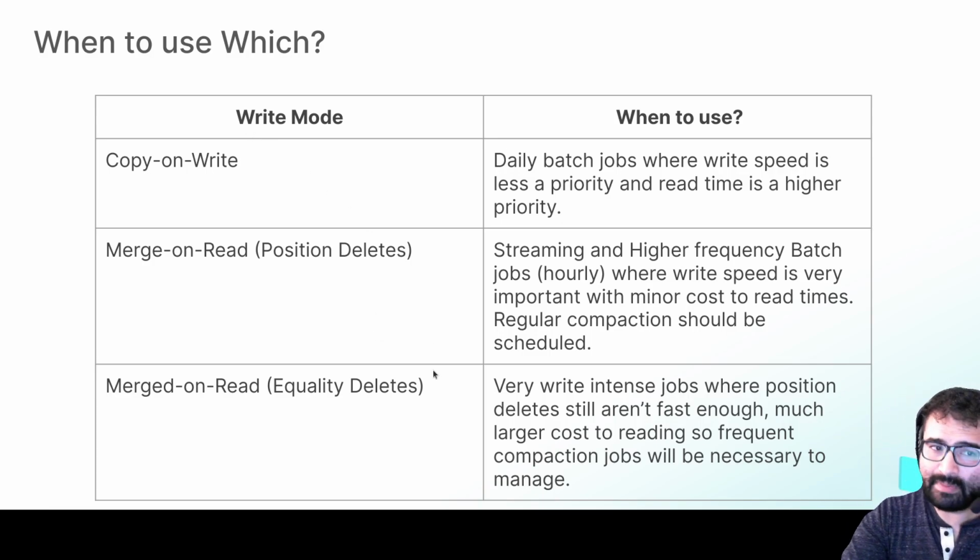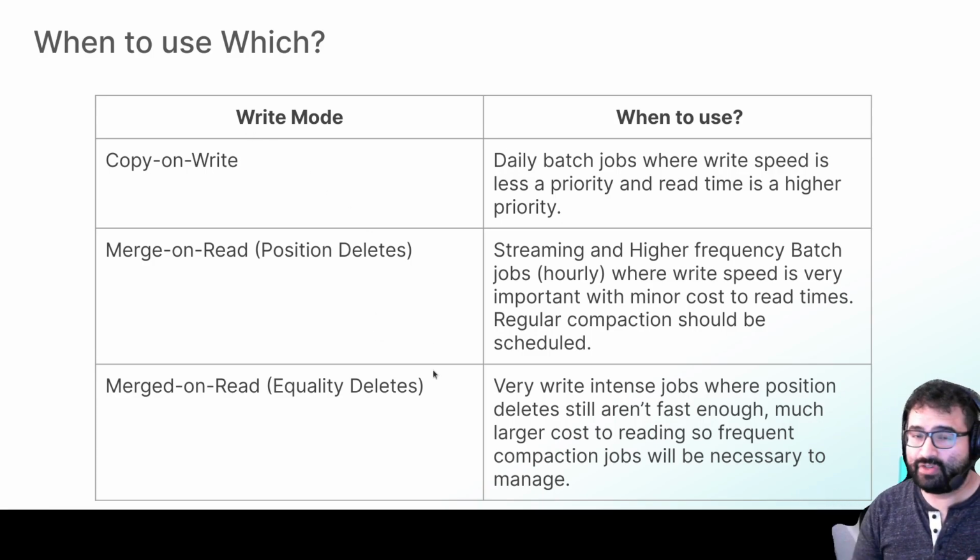Okay, so again, you have three different options. Copy on write, which you should generally use if you're not doing many row level updates. So if you're just inserting a lot of data and there are no row updates or deletes, copy on write is fine. It's going to be the fastest for reads. Merge on read using position deletes is going to be sort of the best of both worlds when you're doing frequent updates and deletes. And then equality deletes will be sort of the most intensive for optimizing writes, which is typically the only time you're going to see this currently in Apache Iceberg, oftentimes when you're ingesting data with Flink, because you're ingesting streams, so it's real-time data.